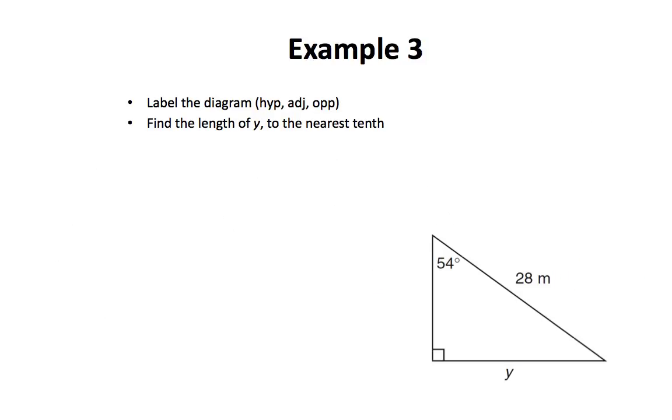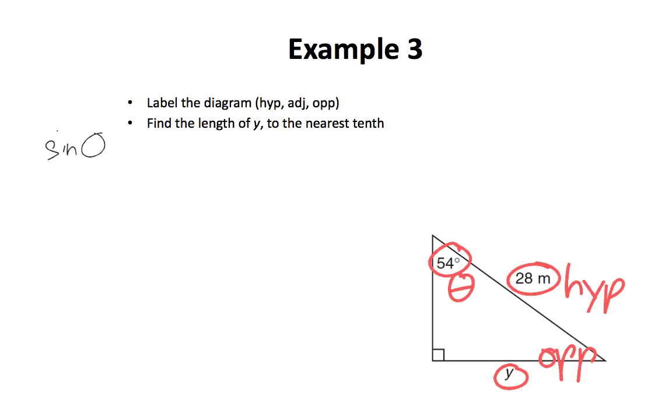In our third example, we want to find the length of y to the nearest tenth. First thing you want to do is find the angle, which is 54 degrees. We're going to relabel that as theta. That would mean the side labeled 28 meters is the hypotenuse, and the side labeled y would be opposite to theta. The trig ratio that contains both opposite and hypotenuse would be sine theta.